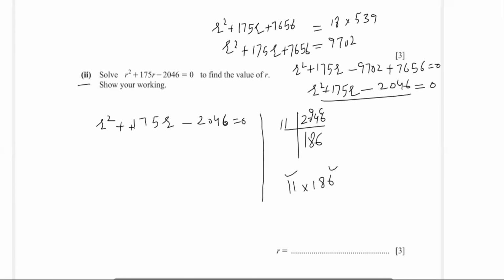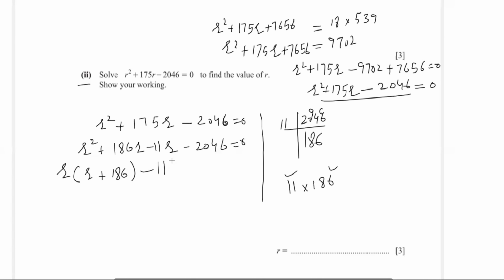When we subtract, we get 175R. Therefore, R square plus 186R minus 11R minus 2046 equal to 0. Now we take R as common. Therefore, R plus 186, and minus 11 is taken as common, so we write 11, R plus 186 equal to 0. Now, therefore, R minus 11 into R plus 186 equal to 0.